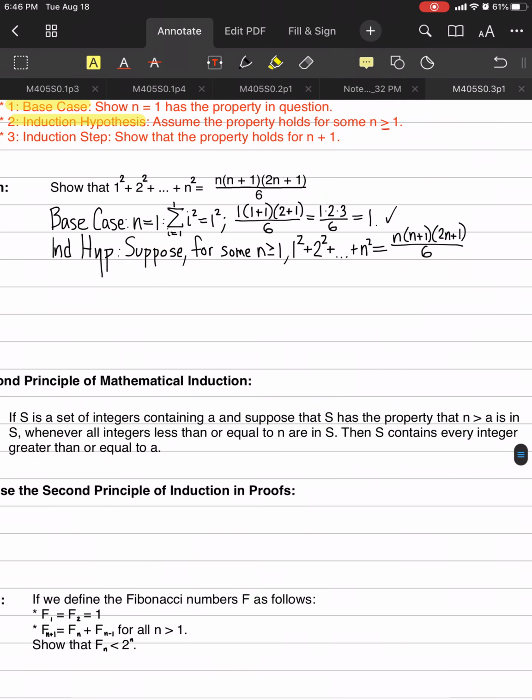That is our induction hypothesis. Essentially, you're restating the theorem itself here.